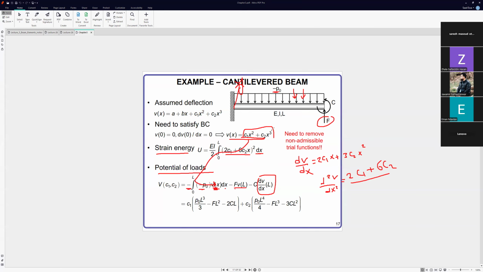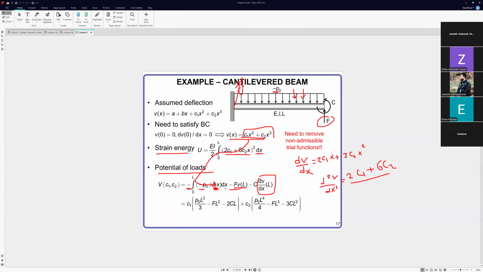It will be C2x to the power 4 over 4. And making the substitution after then between 0 to L, you can find, for example, the relation between C1 and C2. And also we have FVL. What's meaning FVL? C1L squared plus C2L cubed.